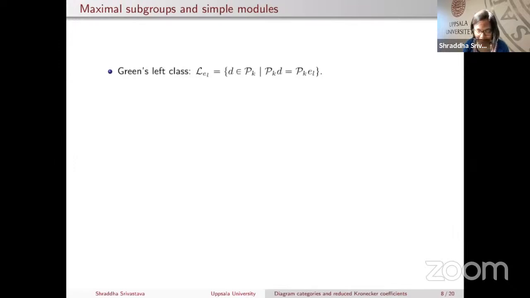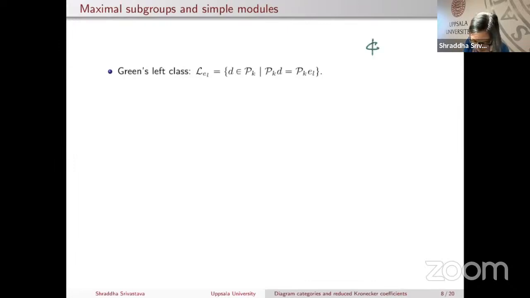We are not going to go into detail, but the relevant one is the Green's left class associated with the idempotent EL, which collects all the partition diagrams D such that multiplying D on the right of the partition monoid PK, as a set, is the same as multiplying EL on the right of the partition monoid PK.